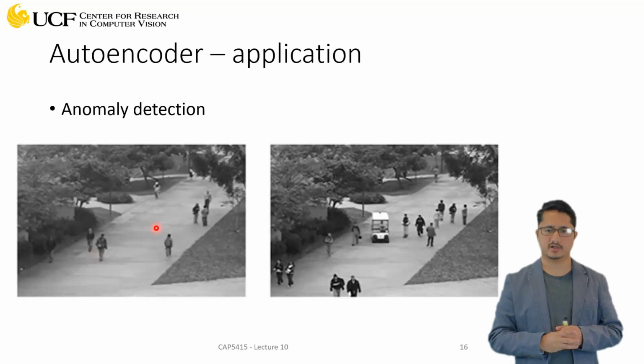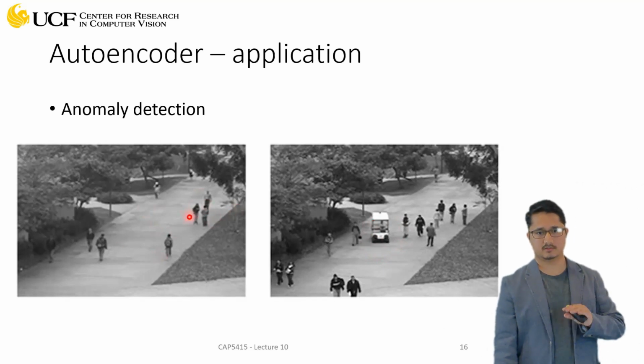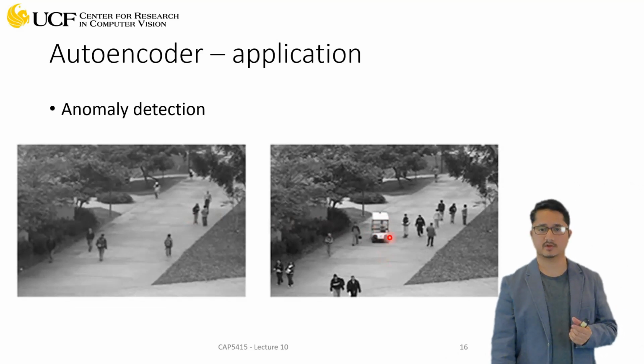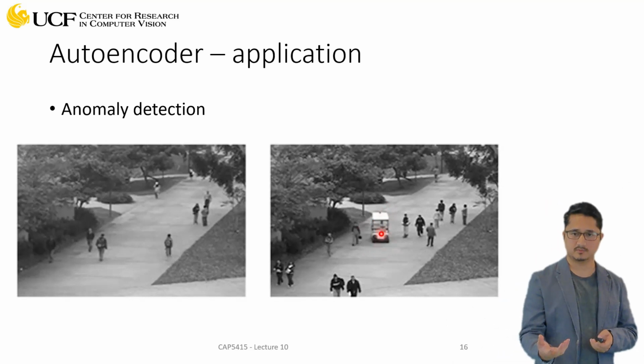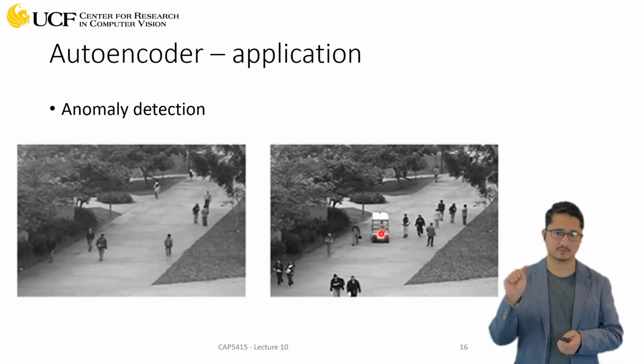Now for anomaly detection, if you send some image to the trained model, and this network was trained on this walkway with only clean images, then this kind of object will be something new for the network because it has never seen this object. And if the network has never seen this object, it will have a hard time reconstructing it. We make use of that information. If the reconstruction is bad, the model is failing, then we can say that something wrong is going on here.